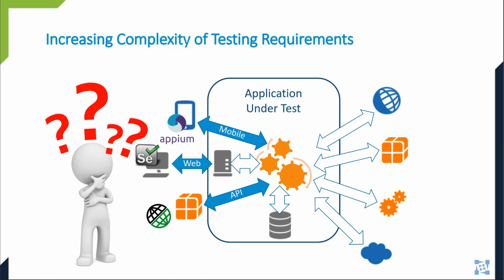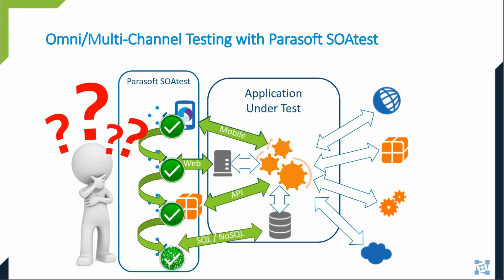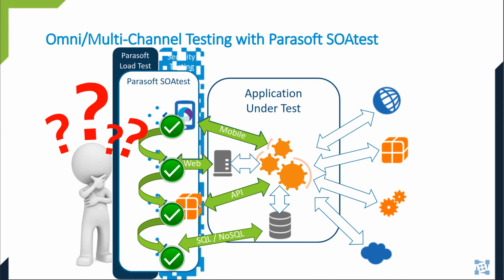But shifting these testing practices left is difficult because there's going to be resistance to adopting so many tools in the agile workflow. These teams are already dealing with enough tools to begin with. So Parasoft's value here is acutely felt because testers can now perform functional testing, omni-channel testing, as well as non-functional testing, all from one unified test framework in Parasoft SOA Test.